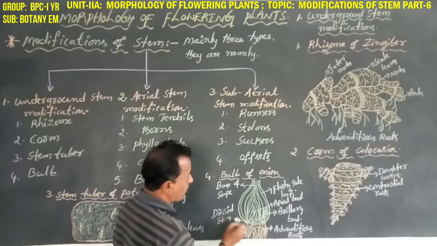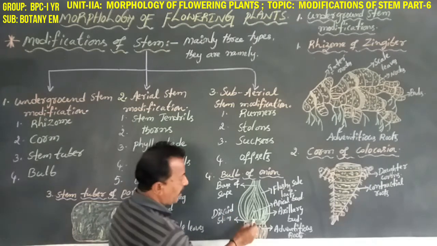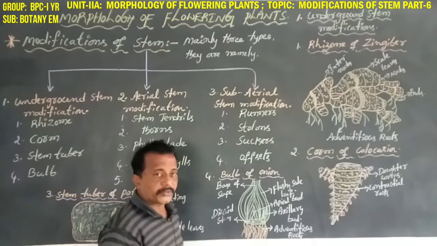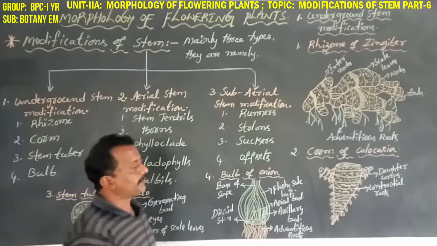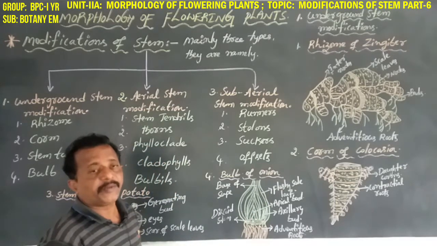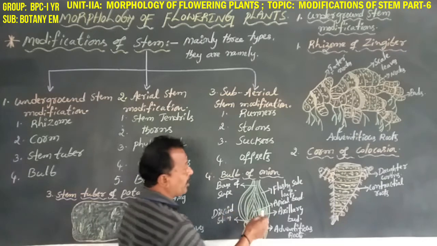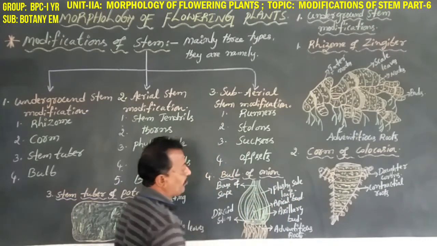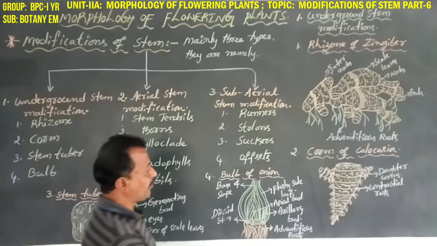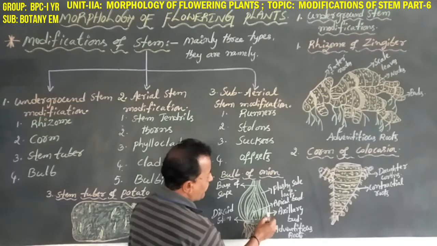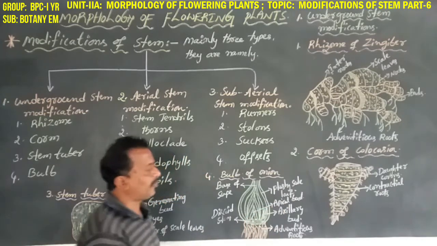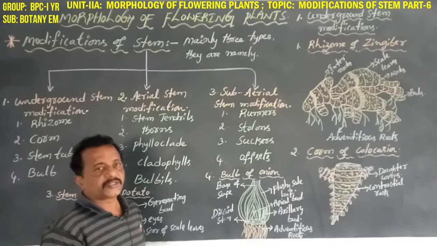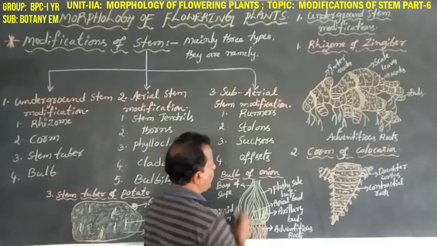The adventitious roots are below and the leaf bases above. These leaf bases are fleshy because they store food materials, and they also contain buds, that is axillary buds and apical buds. So this is a bulb of onion.